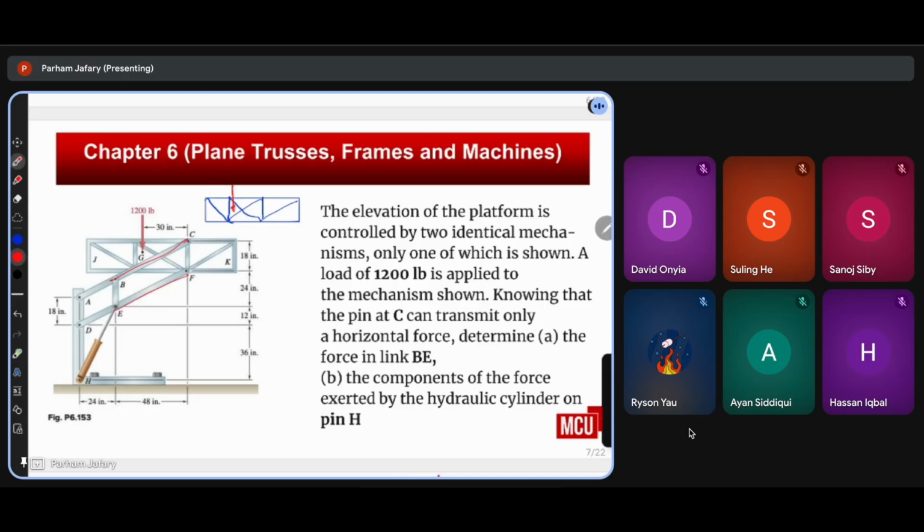Hmm. Okay. So there are so many things that we don't know here, like the force acting on C, the force on F, and the forces in these links, BC and BF, right? So I need to choose a section or a way to isolate most of them and be left with only a couple of forces so I can solve using the equilibrium equations, right?